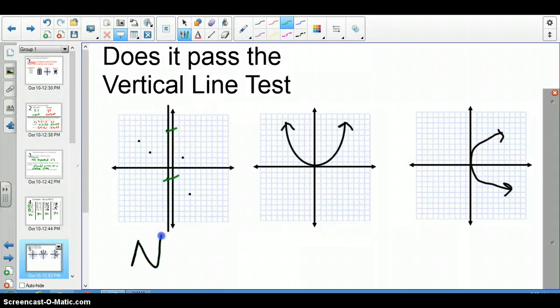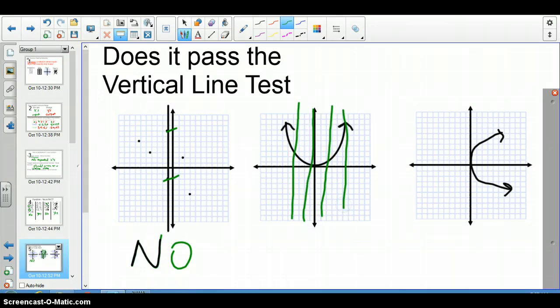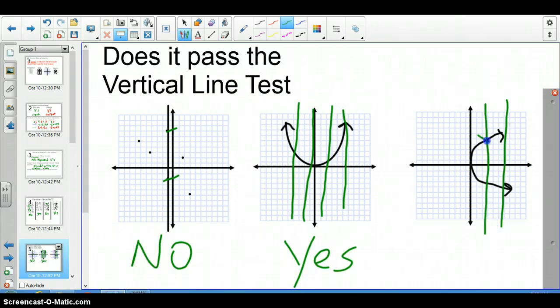So no, that is not a function. Here, if you draw vertical lines, okay, I know these aren't the greatest vertical lines. They only cross our x's once. So yes, that is a function. Here, if we draw vertical lines, they cross 2 times. Okay, each spot, at the top and bottom. So no, it is not a function.